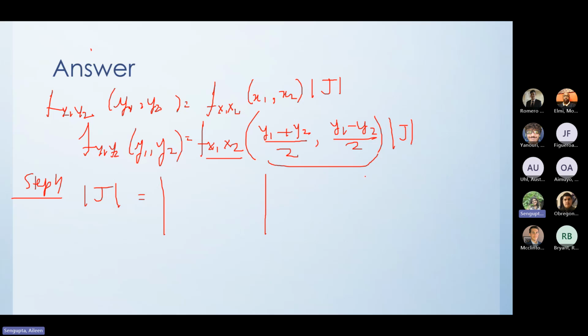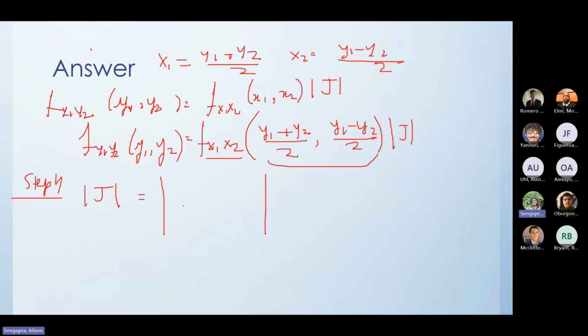The Jacobian matrix starts with your expressions of x1 and x2. For example, according to my one-second calculation, which might be wrong, y2 upon 2, and x2 is again just a rough estimate. Please do not call me out on this one; solve it by yourself.